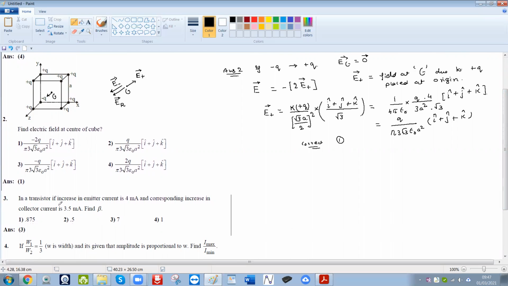We are given that an increase in emitter current of 4 milliampere leads to a corresponding increase in collector current of 3.5 milliampere. Delta IC is 3.5 milliampere.